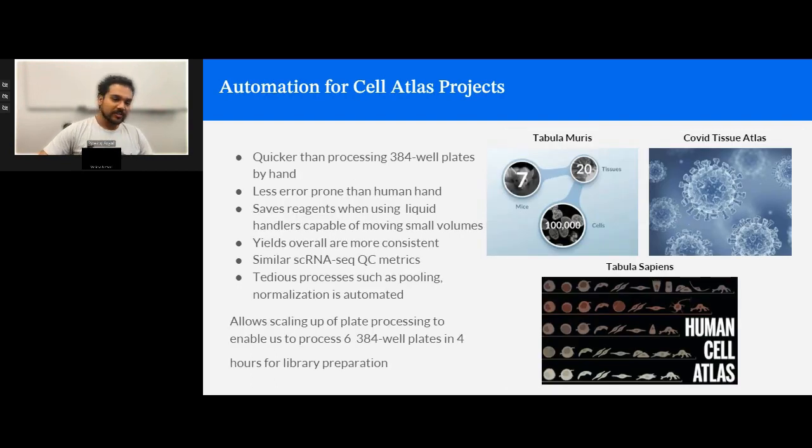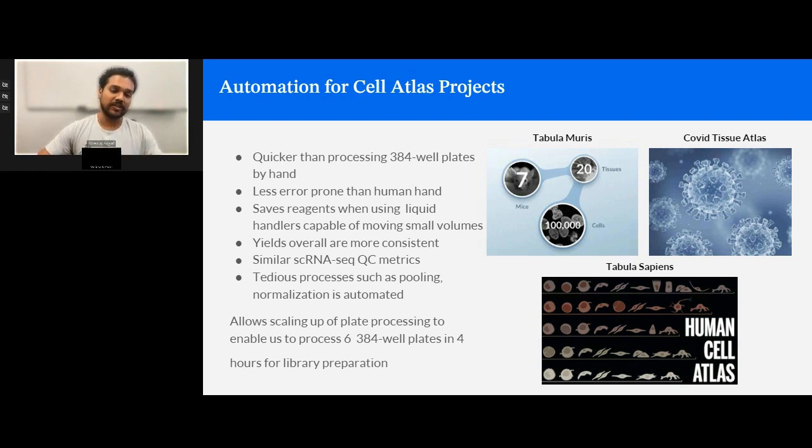Automation overall enables us to process 384-well plates quicker than by hand. Automating the library preps and sample prep is useful because it's less error prone than processing the samples by hand. Using liquid handlers and automation machines that are able to handle small volumes helps us to miniaturize our reactions, which in turn allows us to save reagents.